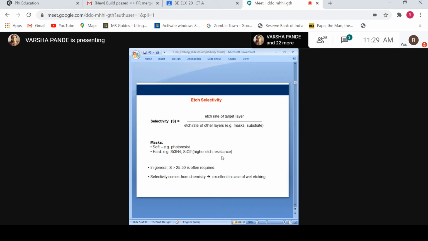After 1 minute, if we take the substrate out of the solution, no mask will be removed and no substrate will be removed, because the etch rate of substrate and mask is very, very low compared to the target material, and therefore these two materials will not get dissolved. Only the material which we want to dissolve will be dissolved.